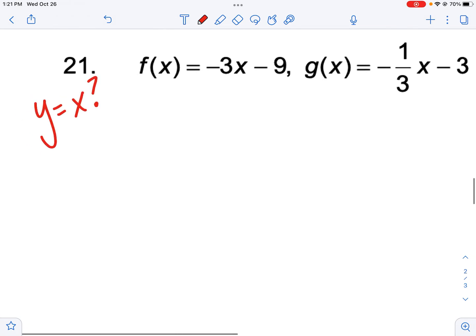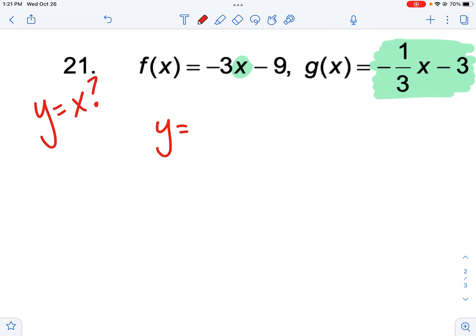So let's check this one. This first one, I want to know if negative 3x minus 9 is the inverse of negative 1/3 x minus 3. To check if something is an inverse, we're going to do a composition of functions. I'm going to substitute one function in for the x value of another.